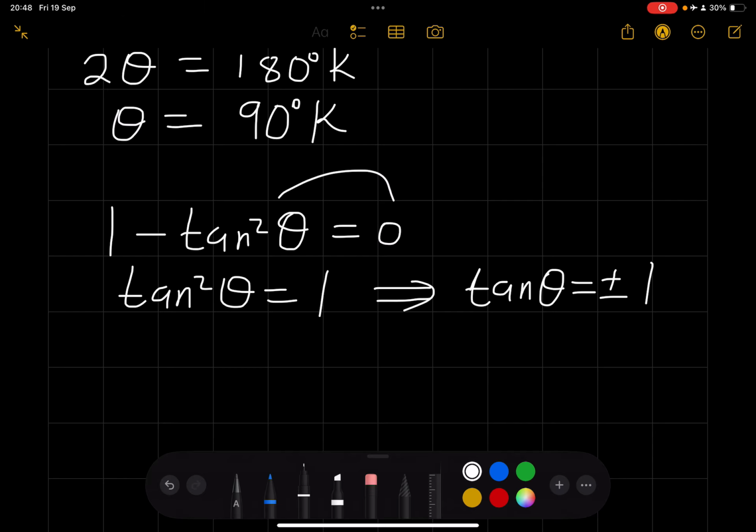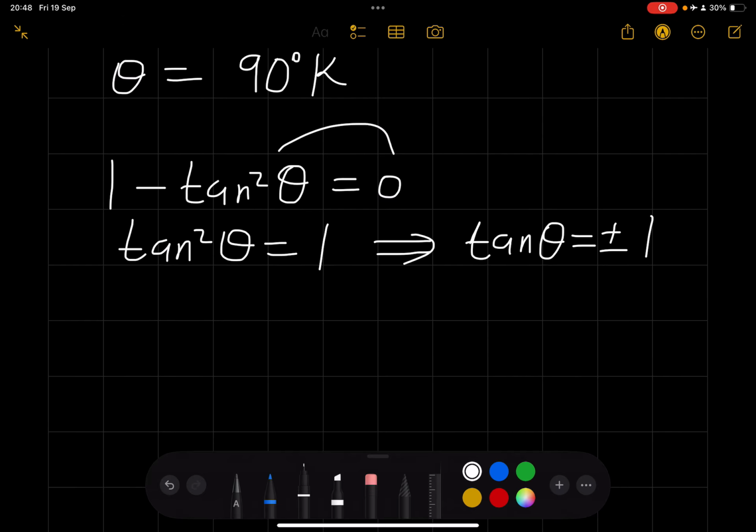Because it's plus or minus 1, let's do this. If I say shift tan 1, I get 45, so it's shift tan 1 plus 180k.